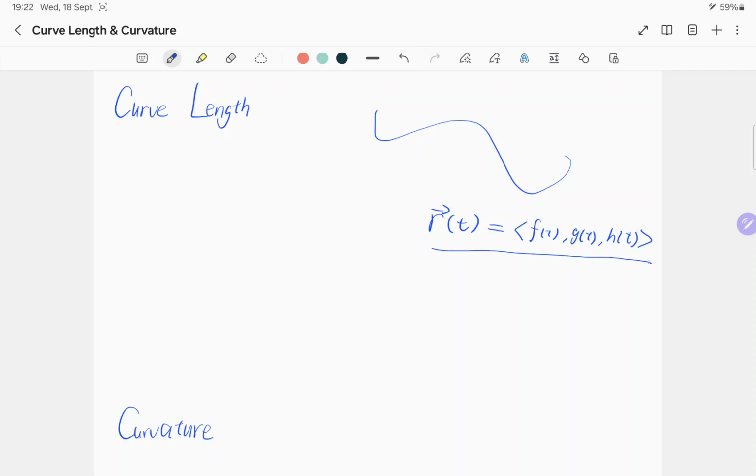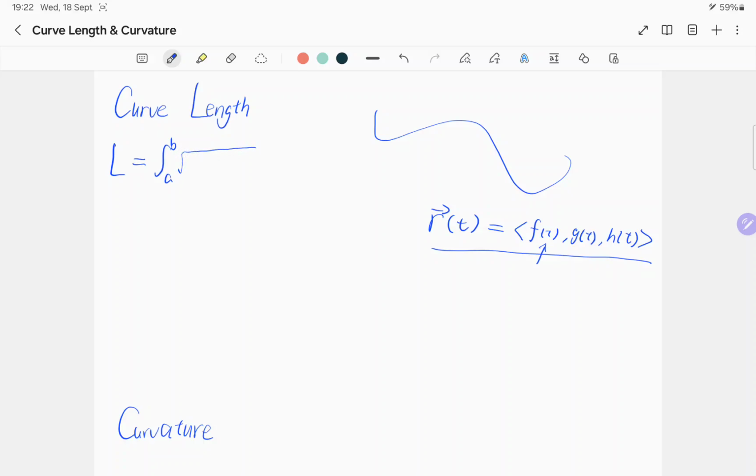If I treat it as a parametric equation, then I can know its length with ease. The length is equal to, for example, if I treat the parameter as time because it's easy for you to understand, from a to b.